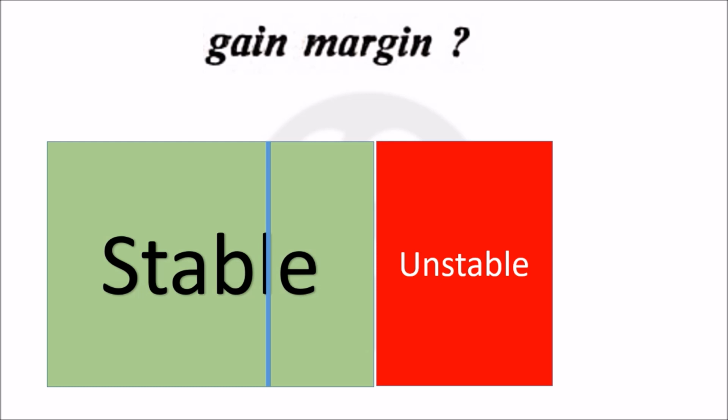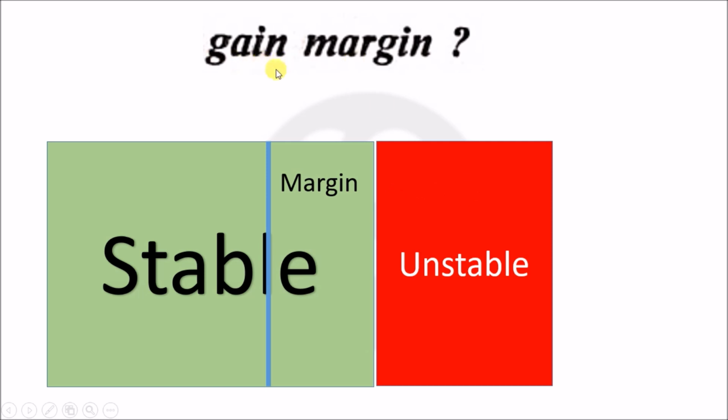That means my system should be stable, but we work in this area only. The system can be operated in the other area also, but for regular conditions let us work in this area, because if some fault occurs, the operating point will travel to this side, and we still have some margin to keep my system stable. After this margin, if you move forward beyond it, the system becomes unstable.